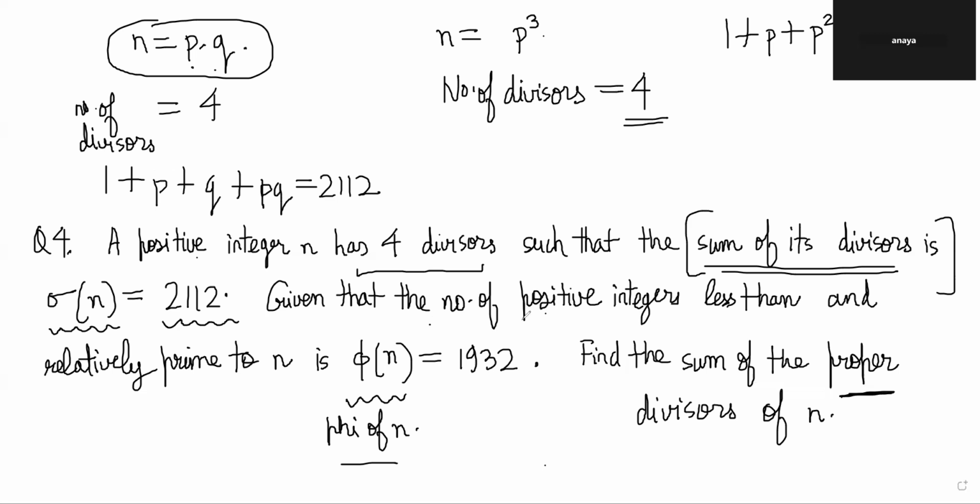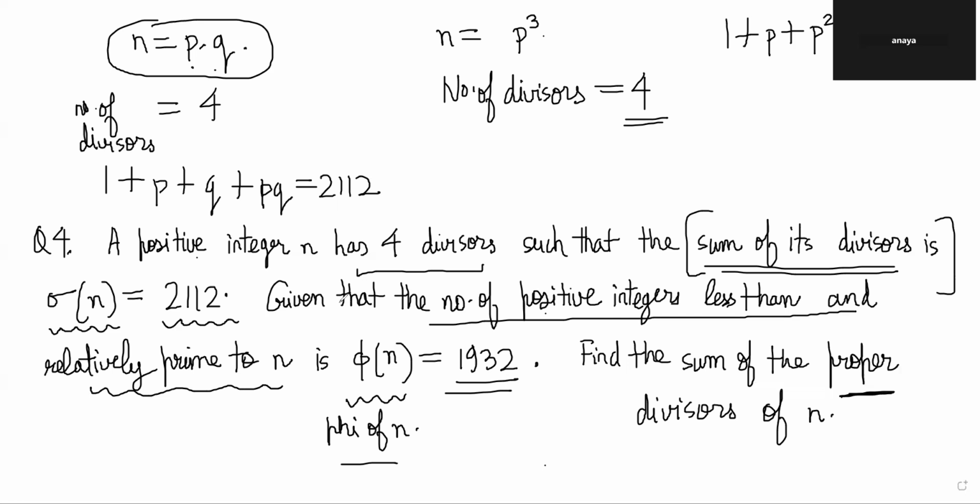Now, given that the number of positive integers less than and relatively prime to n is phi of n, which is 1932. If you think about it, how many positive integers are there which are less than n? n minus 1, right?